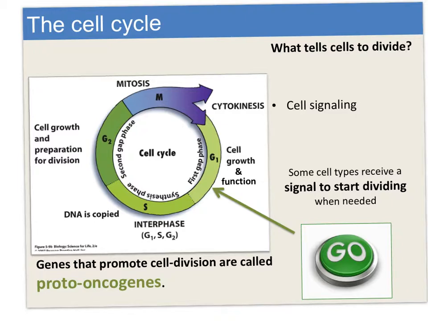There are certain genes that, if they're turned on, they're called proto-oncogenes. Oncogenes are genes that perhaps cause cancer if they get a mutation in them. Now, it's kind of a misnomer that they're actually cancer-producing genes. They're not.